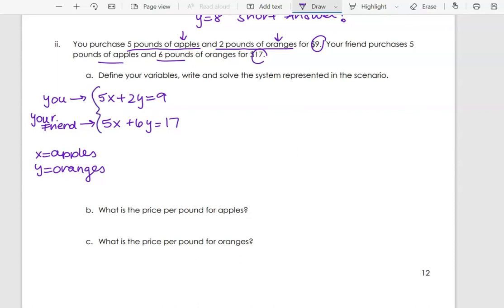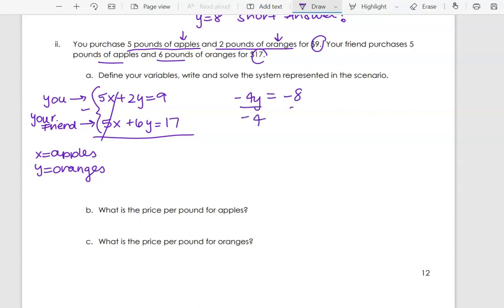And then we're going to solve it. Notice we're in luck because we've got coefficients that are the same, so we just get to subtract these equations. 5x minus 5x eliminates my x. 2y minus 6y gives me negative 4y. 9 minus 17 gives me negative 8.